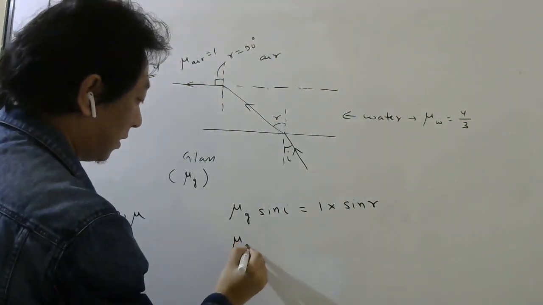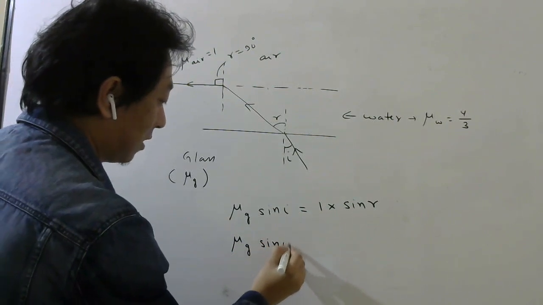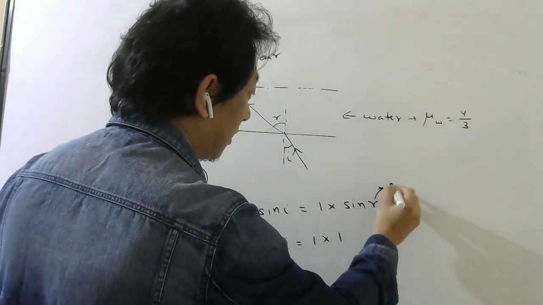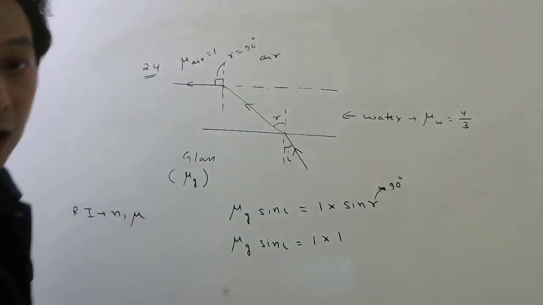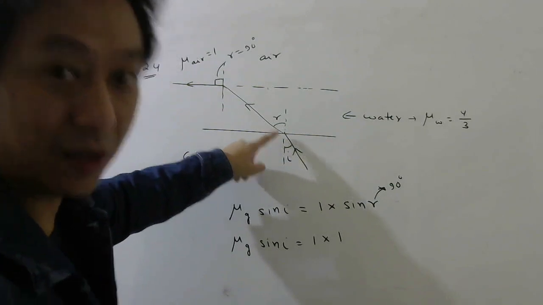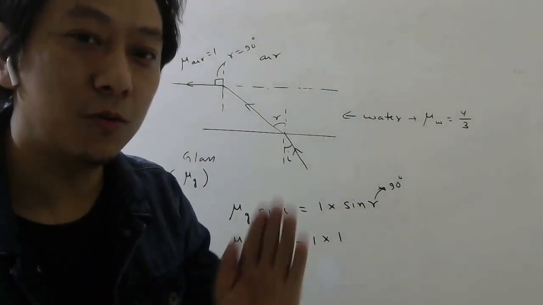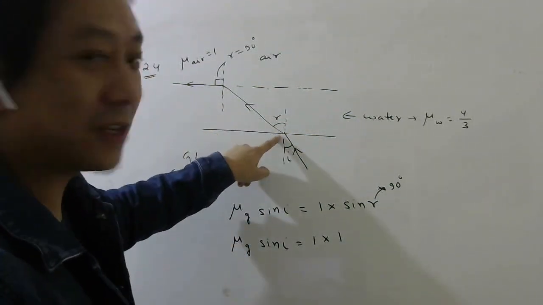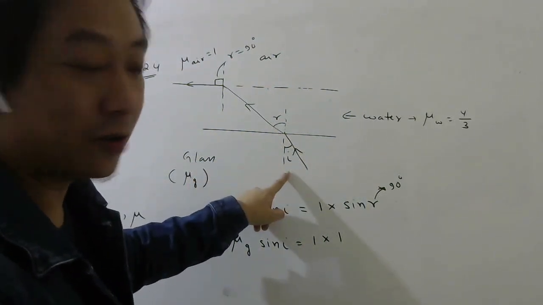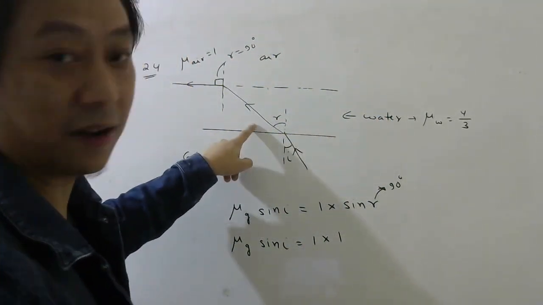So refractive index of glass sin i will be equal to 1 into 1 because r is 90 degrees for this medium. So I have skipped many parts by not applying Snell's law here, then Snell's law here. See, if you want to do it at ease, you can apply Snell's law here. So you will get mu g sin i is equal to mu w sin r.